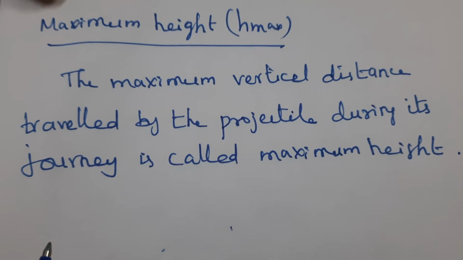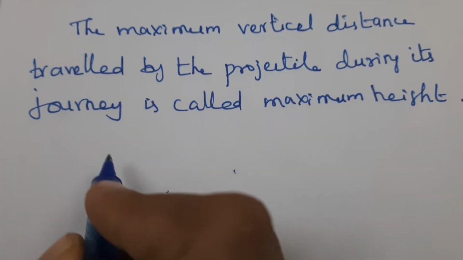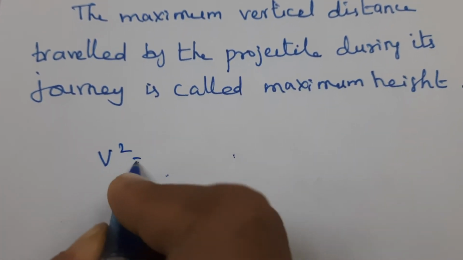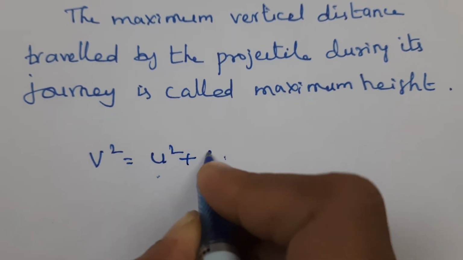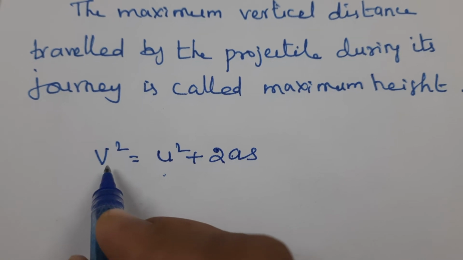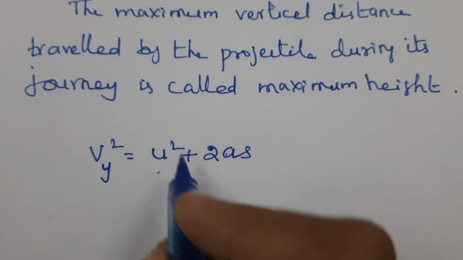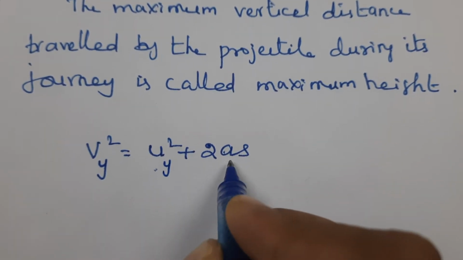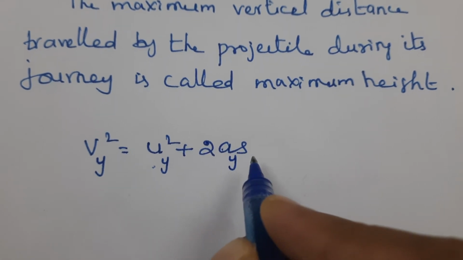To determine this maximum height, we can use the kinematic formula v square equal to u square plus 2as. So for vertical distance, we can use vy square equal to uy square plus 2ay into s.